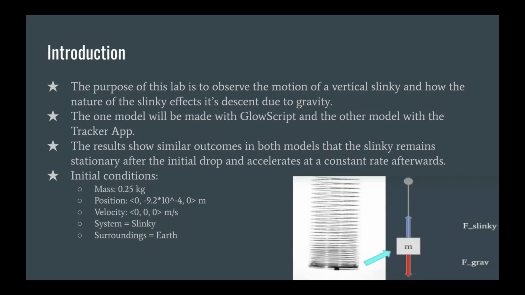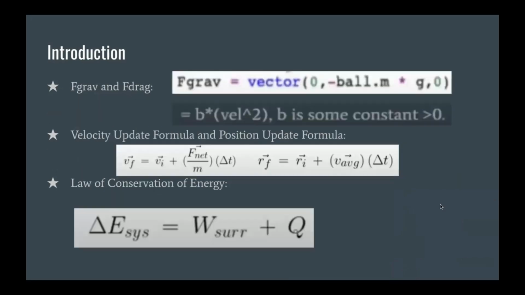The system is the Slinky, and the surroundings is the Earth, and you can see a free body diagram down in the corner. Some equations that will be needed, F-grav and F-drag, and then of course the velocity update formula and the position update formula per usual, and the law of conservation of energy.